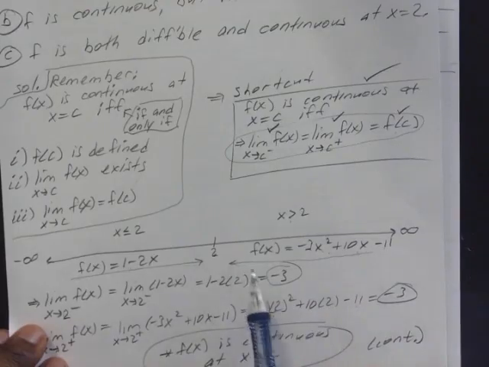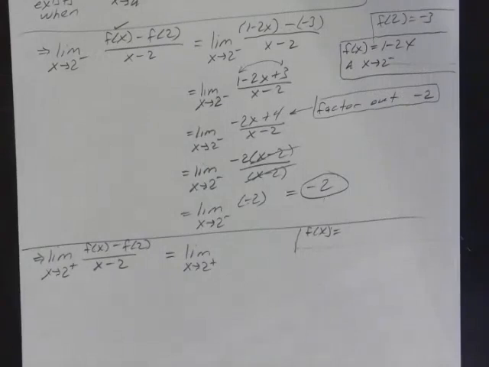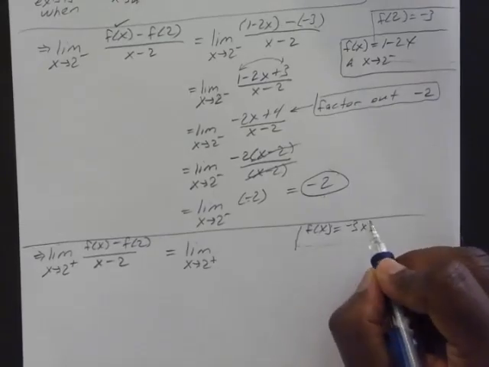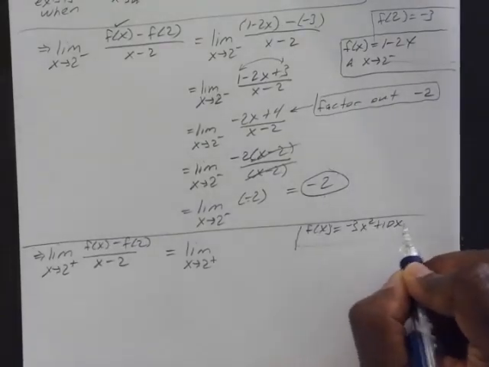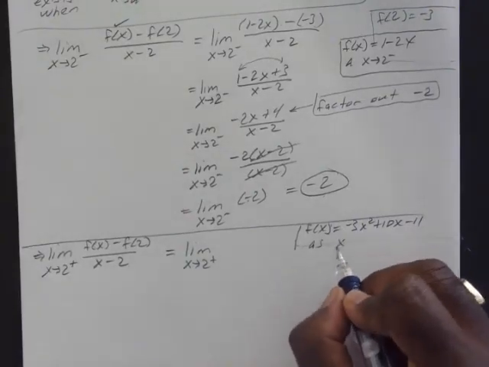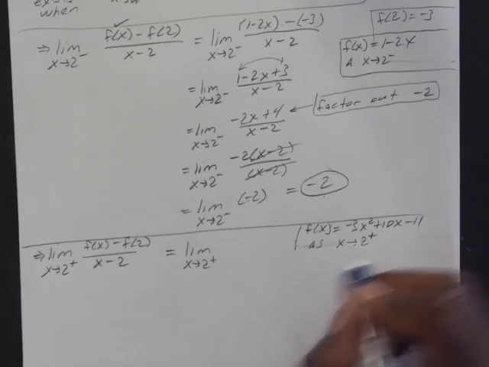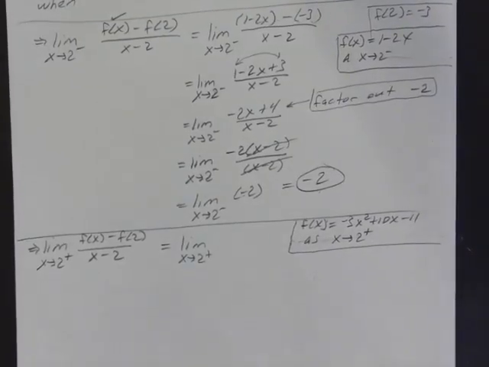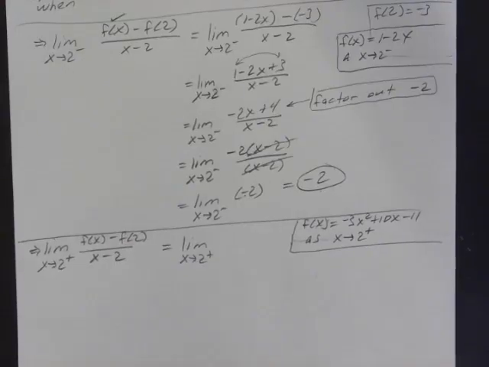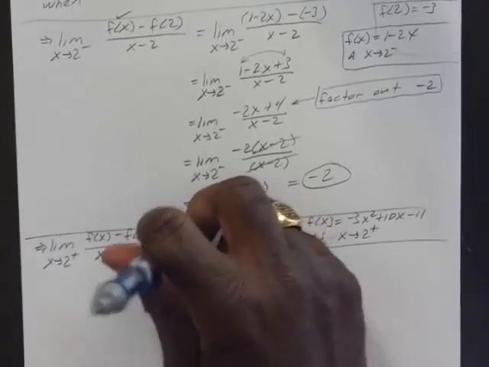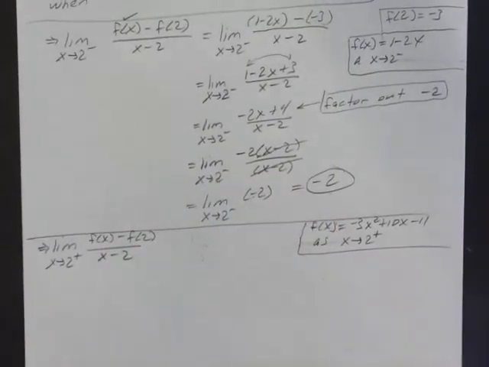We are approaching 2 from the right. Let me move this over, because it looks like I might run out of room. I want to make sure I have enough room before I start writing.